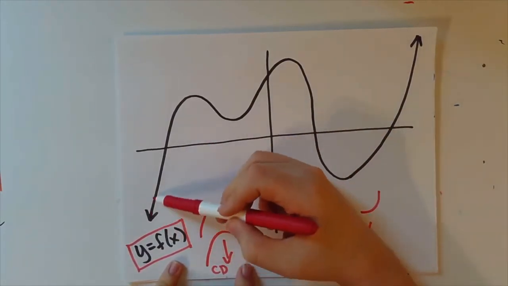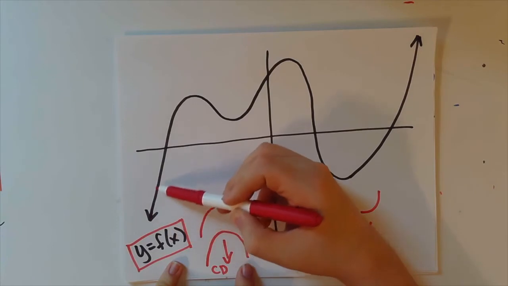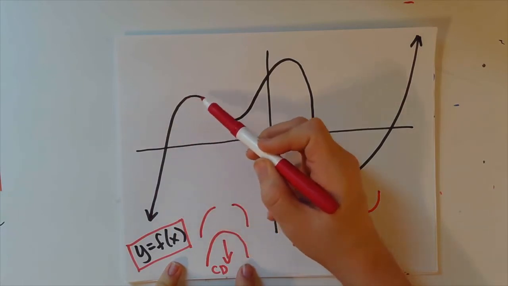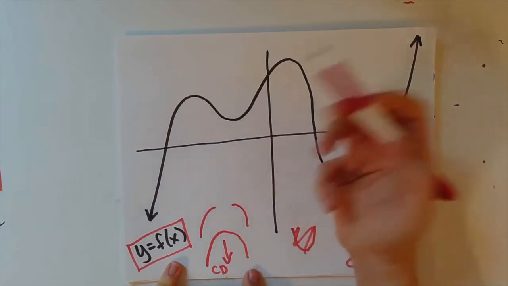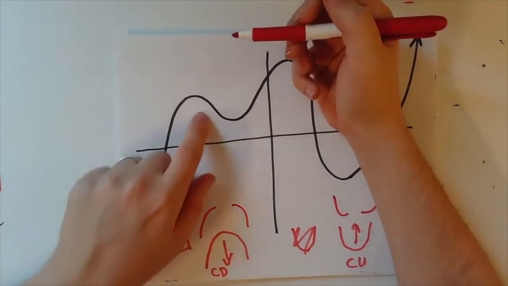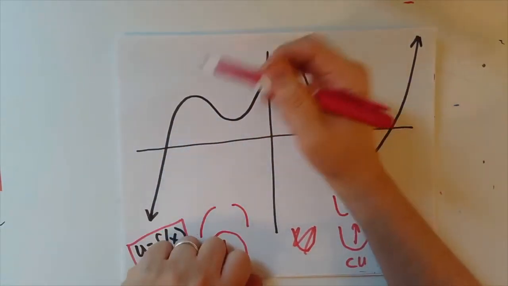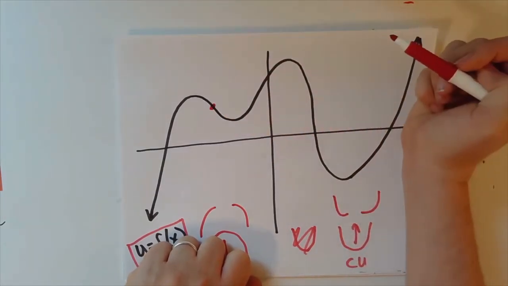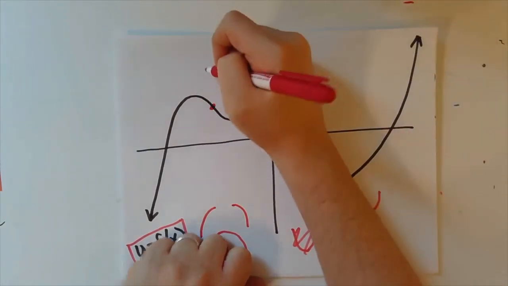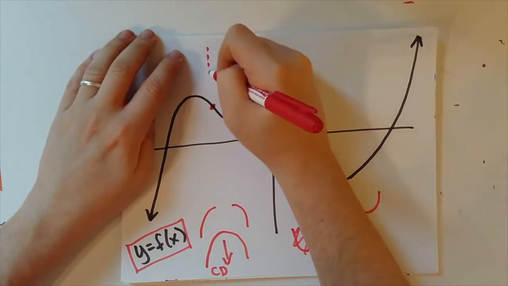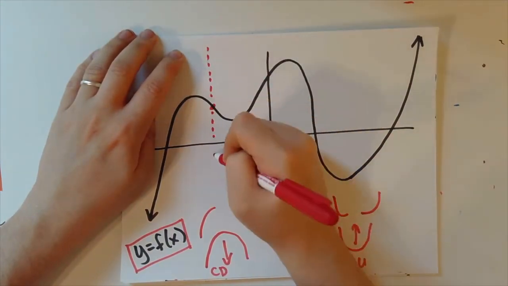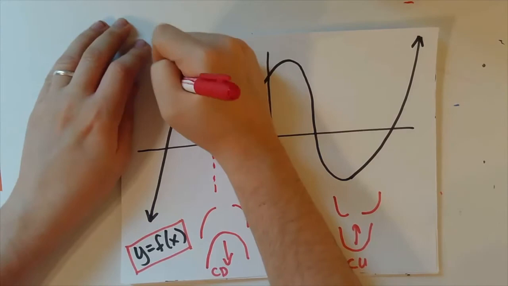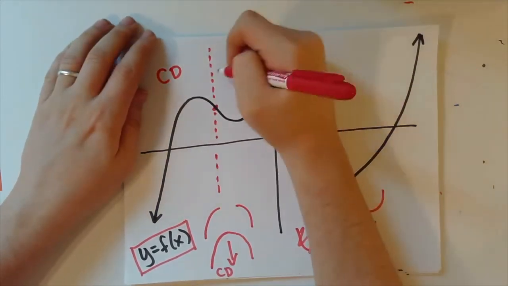If I start looking at the graph here, this is concave down, and the thing I'm trying to figure out is where does it switch? Somewhere in here, eyeballing it about there, it switches from being concave down on the left to being concave up on the right.